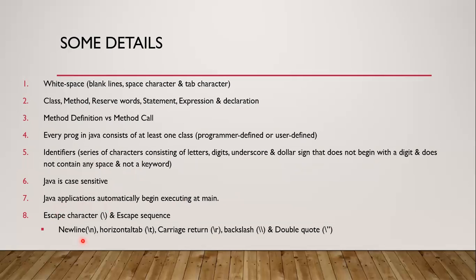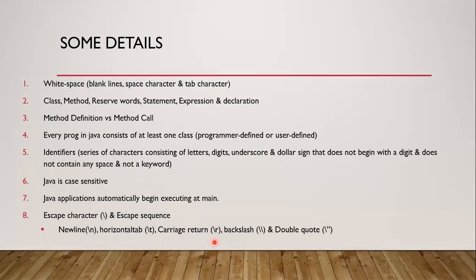Escape characters. To add certain behavior in our output, we can take help of these characters. For example, if I say \n, the rest of the string after the \n will move to the next line. Horizontal tab adds a horizontal tab distance. Carriage return is like the carriage return in old typewriters.